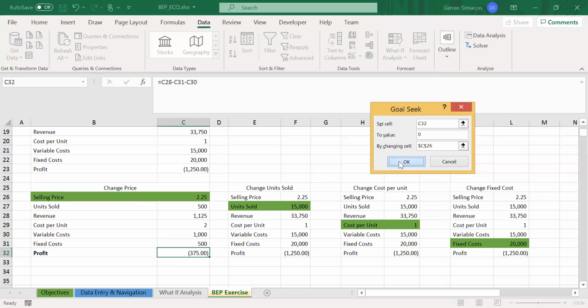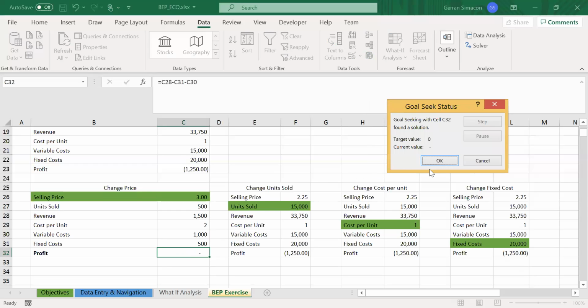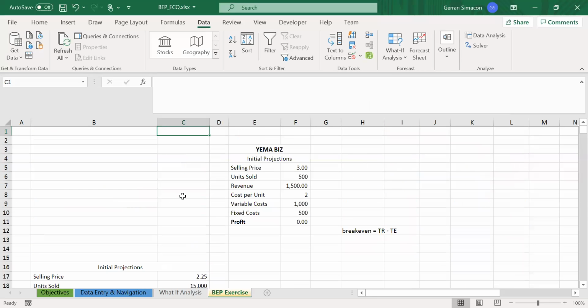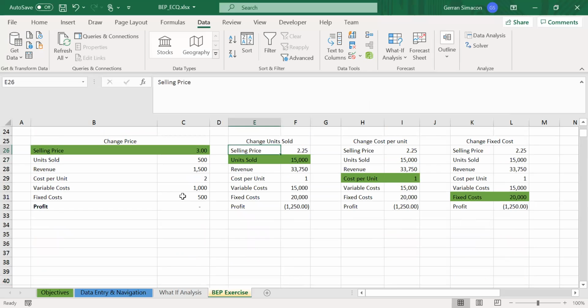Okay. See? It is the same as above, 3 pesos. So that is correct, right? Do you understand, class? What we are looking for here is the selling price for each item or product. Okay, so 3 pesos.